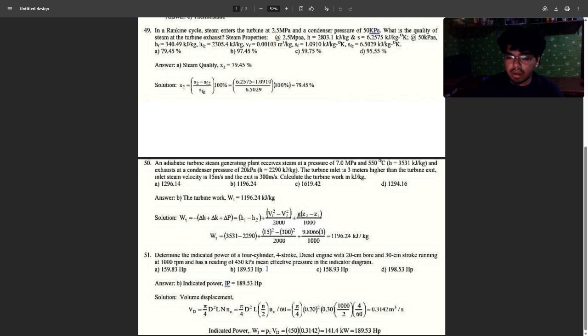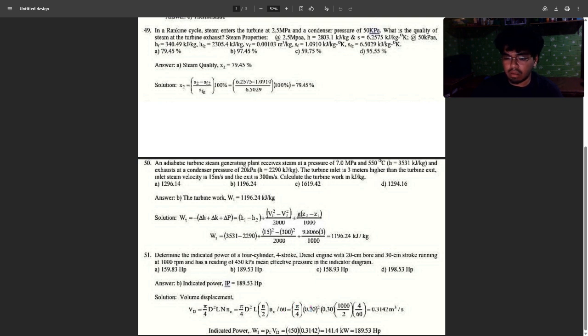So for the formula, we will use the volume displacement formula, which is equivalent to pi over 4 times D squared L times N over 2 times n over 60.